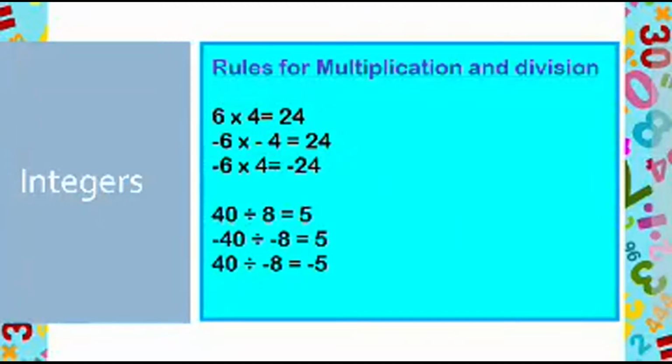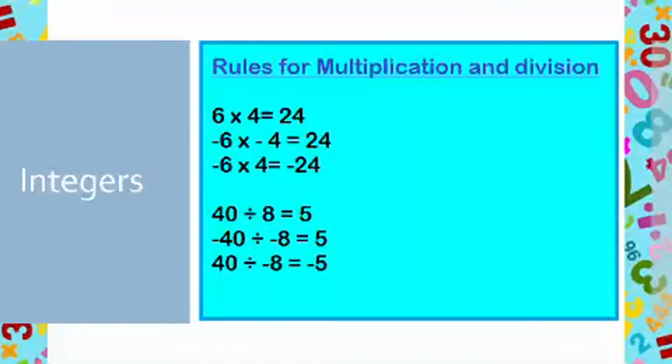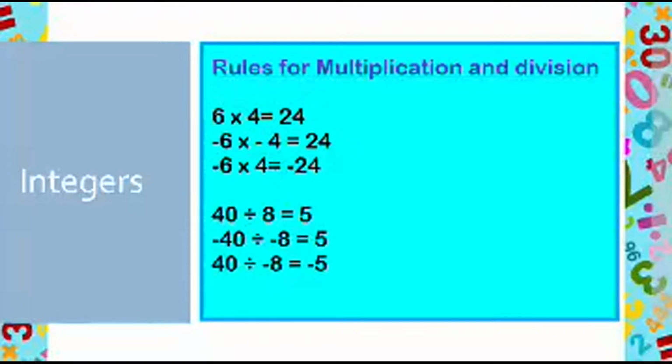When you multiply two positive integers, your answer is positive. When you multiply two negative integers, the answer is positive. But if you multiply a negative integer with a positive integer, then the answer is negative.